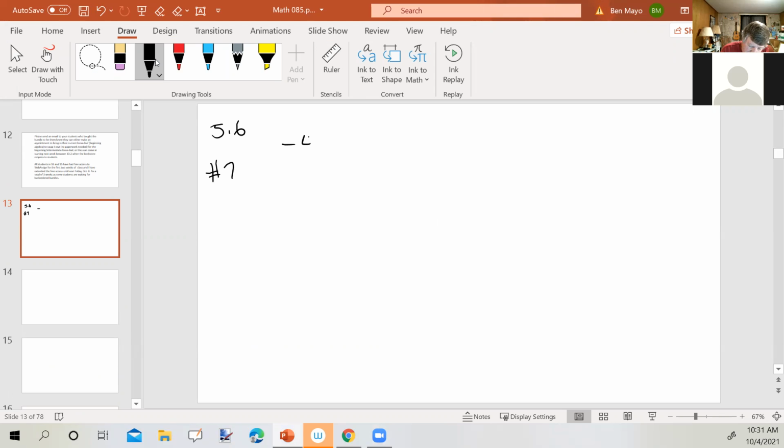We have negative 4b cubed times the quantity 3b squared minus 3b plus 3. So we're going to be distributing the negative 4b cubed. Negative 4b cubed times 3b squared would be negative 12b to the 5th, that is b cubed times b squared, we add the exponents, b to the 5th.